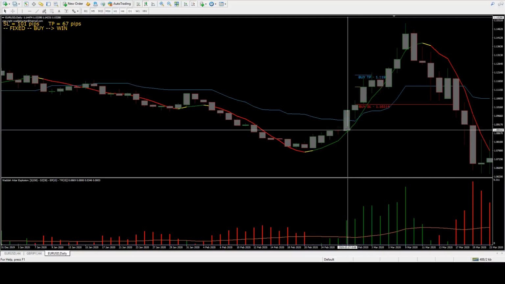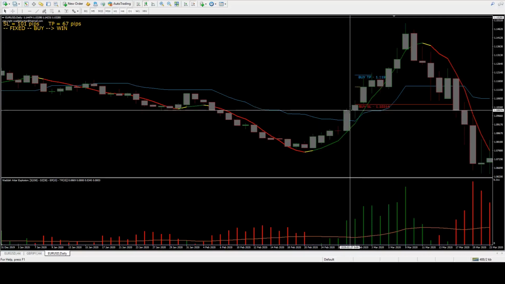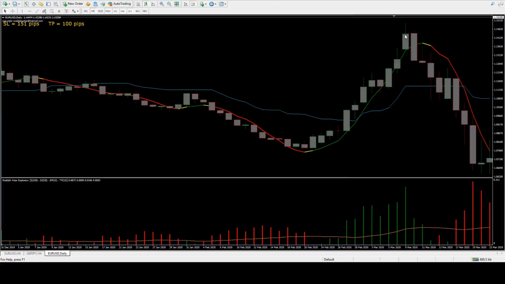And let's see, if you trail your stop loss, you would have from this one here to that one there, 434 pips, yeah, there it is, a big amount of pips actually.